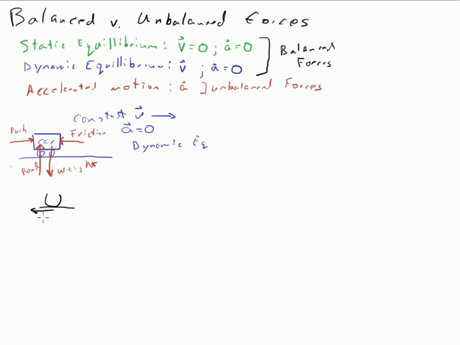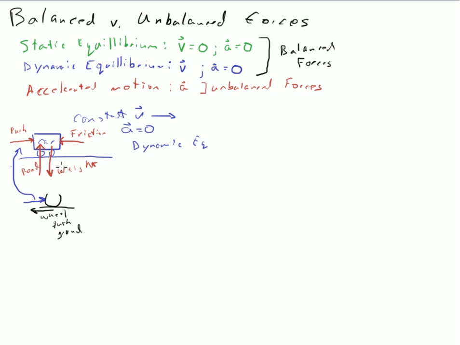So the wheel pushes the ground that way. And then the reaction force to that is that the ground pushes back on the wheel like that. And so that's the push that the car has to balance out the friction so it can continue to move at a constant velocity.